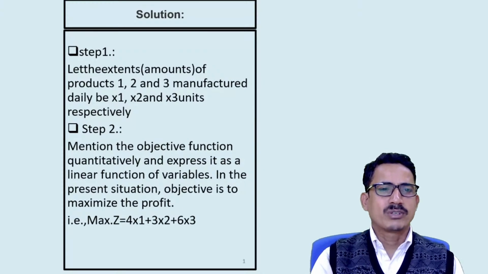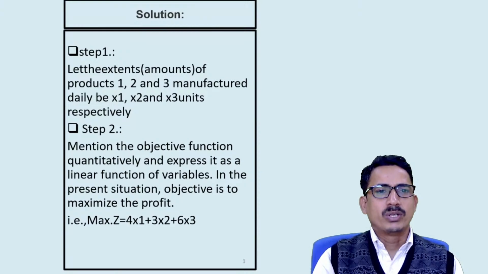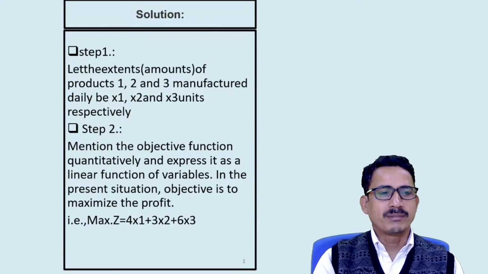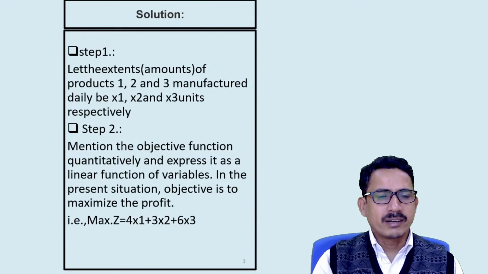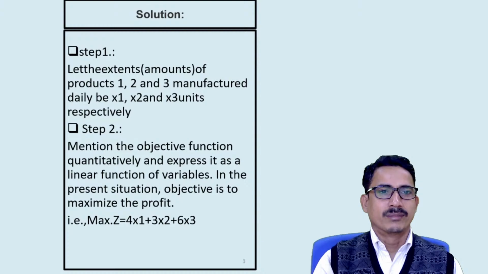But any manufacturer or producer involved with three varieties of production, like product 1, product 2, product 3, because always, as I said last class, there is a requirement of product diversification. The profit generated from different products cannot be the same.